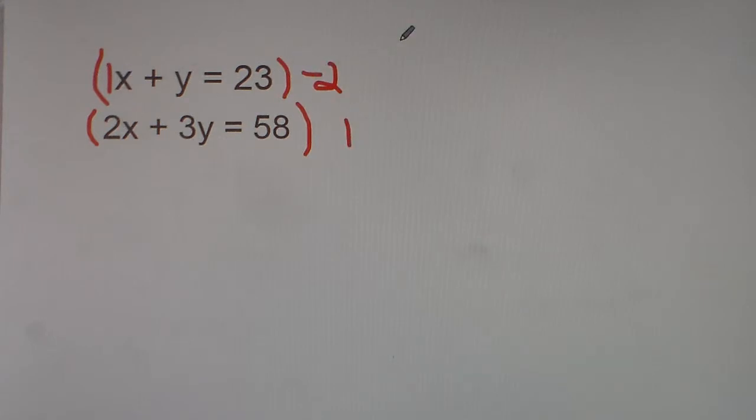I like to do negative up top, so we use negative 2. Then we're going to distribute. We could distribute the bottom too if we wanted to, but 1 times anything is just itself. So 1 times negative 2 is negative 2x.